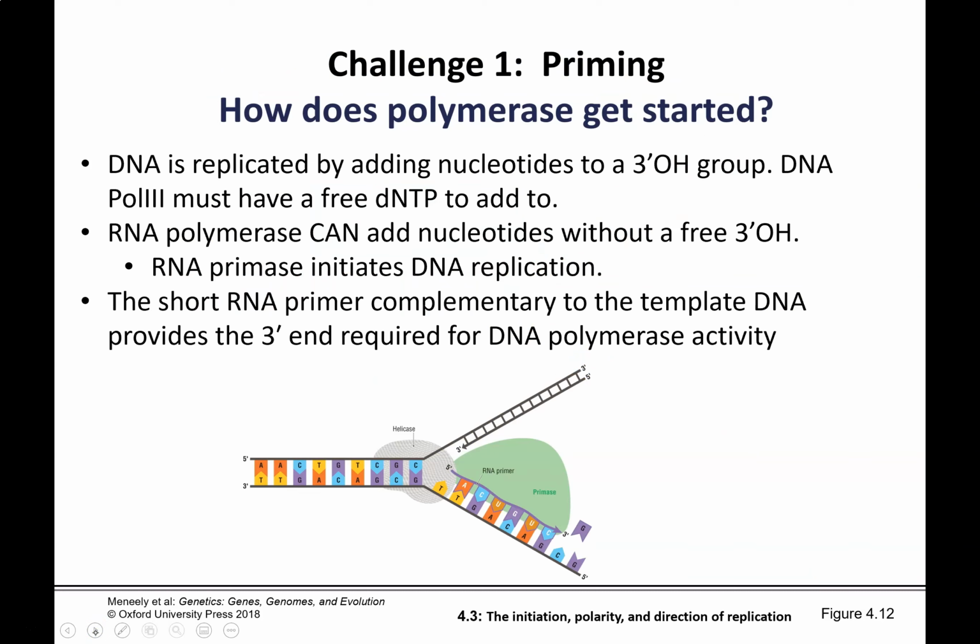Remember that DNA is made by adding nucleotides to the 3' hydroxyl group. But that actually requires a second strand. It requires that the complementary strand is already started, and so you need to have that free 3' end.